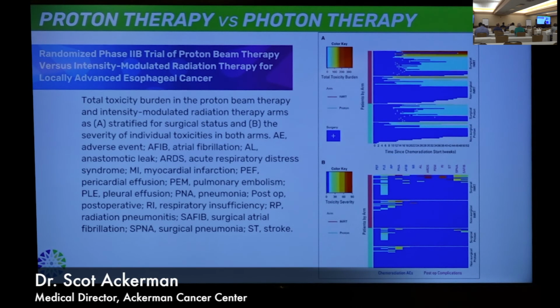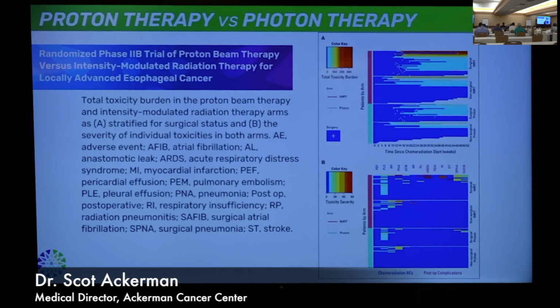These are proton patients, and up top are the photon IMRT patients. The difference here is that these go on to surgical resection and these don't. Up here, the same thing, surgical resection and not. And you can see if you look at these two versus these two up here, there's much cooler colors than up there. The higher the color is the total toxicity burden that you looked at.